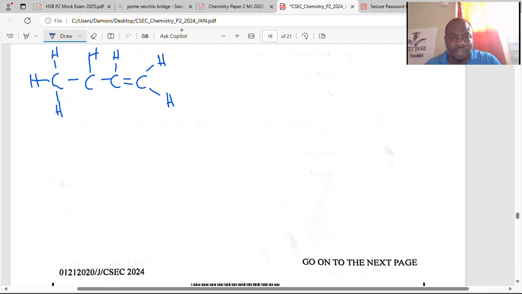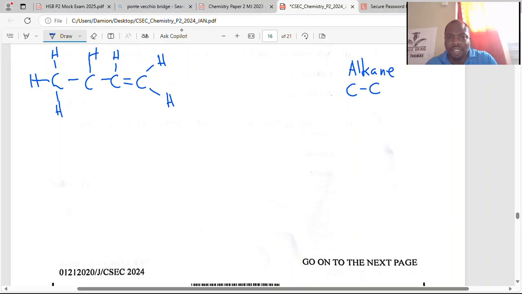Alkanes, what's their functional group? So the functional group would have been the carbon to carbon single bond. So in an alkane, the reaction can take place anywhere you have that carbon to carbon single bond. So this is for an alkane.